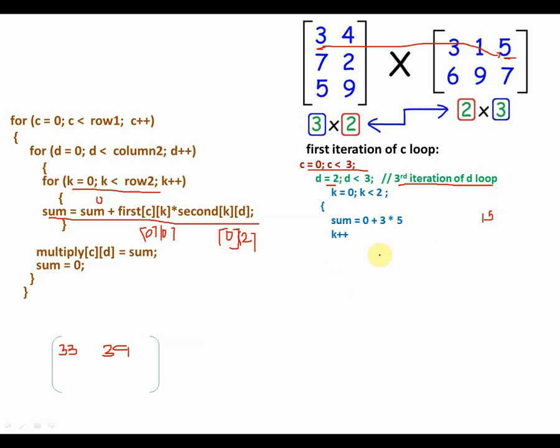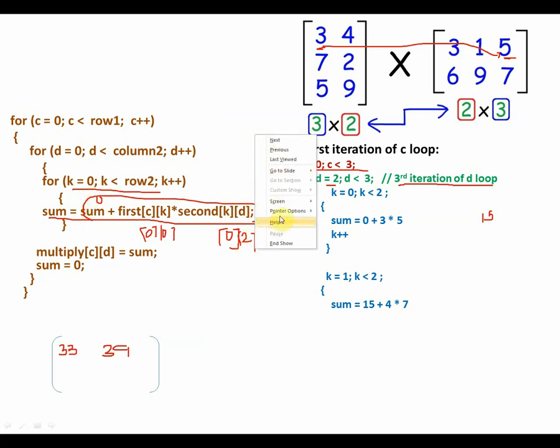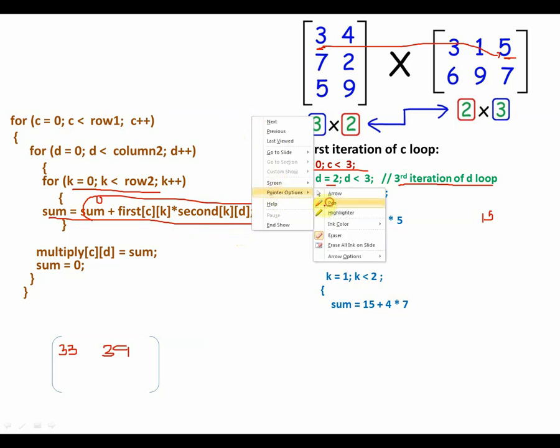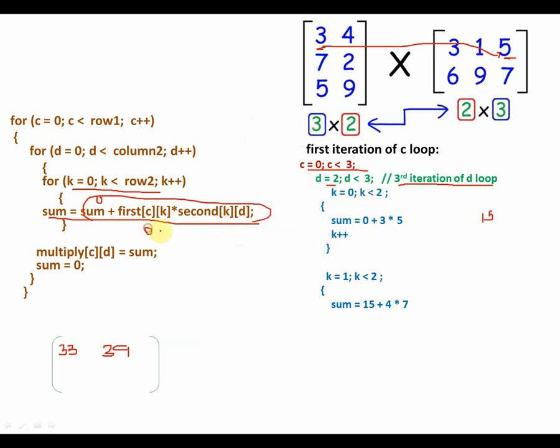Let's go ahead. K will be incremented. So K will be now 1. Let's go ahead with K is 1. Is 1 less than 2? Yes. Again you have to execute this line with the new value of K. Okay. So let us just wipe out these values quickly and see what are the new values you get. C will not change, 0 only. K will change, so K is now 1, and K over here is also 1. D is 2 because this is the third iteration. So this is the matrix values, I would say.